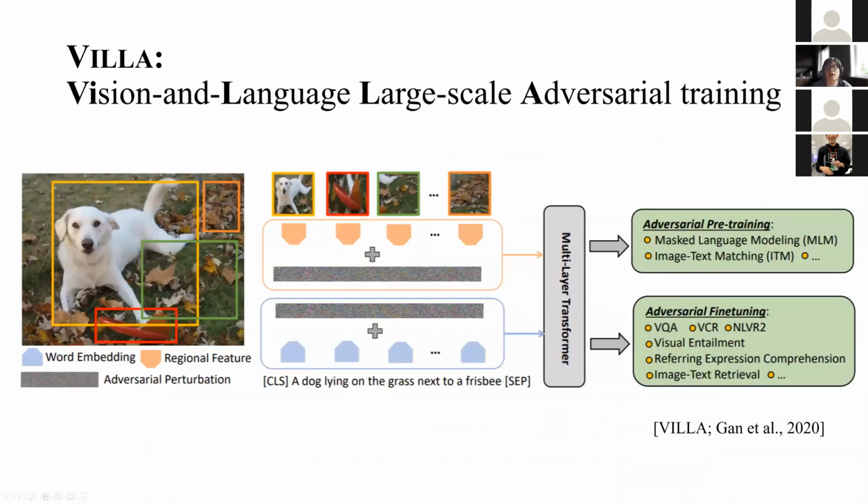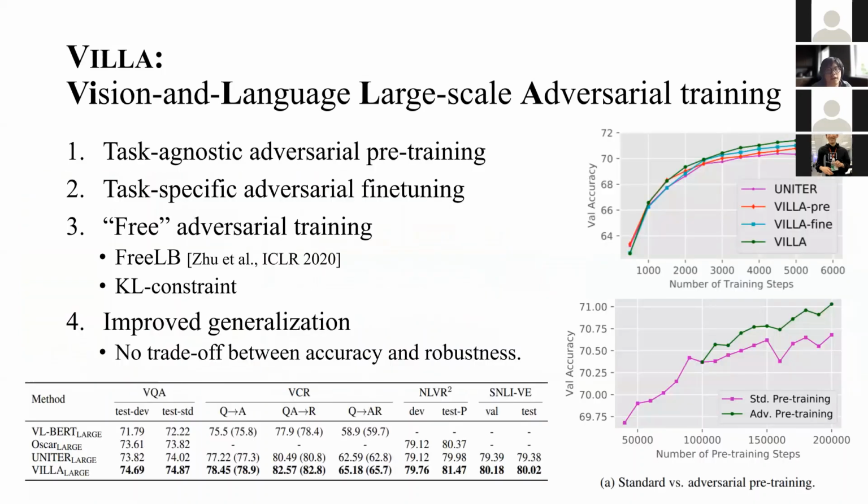Finally, we introduce the latest advance in vision and language pre-training, VILLA, Vision-and-Language Large-scale Adversarial training. Adversarial perturbation is applied to the inputs at training and results in better final accuracy. We briefly introduce VILLA here. VILLA has two stages, task-agnostic adversarial pre-training and task-specific adversarial fine-tuning.